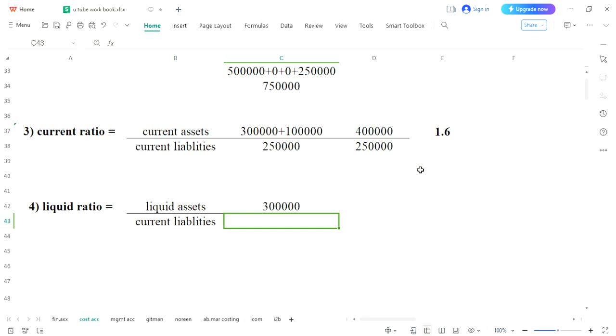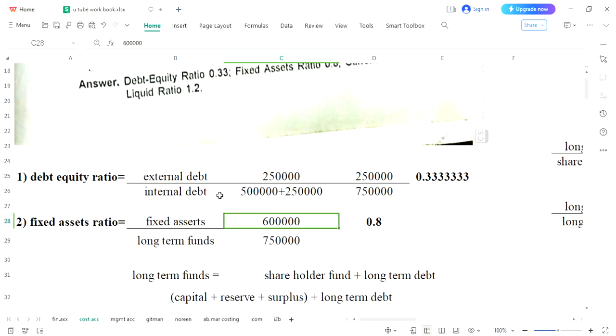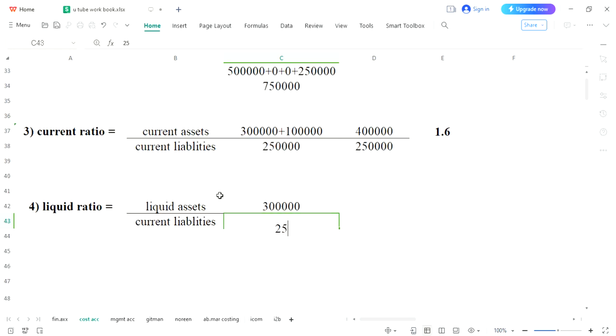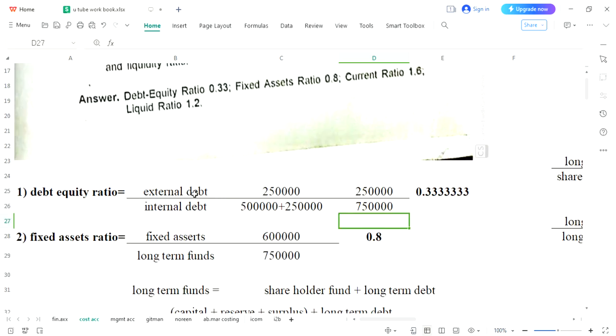Current liabilities we have already seen, 250,000. Let me show you from your question. Current liabilities 250,000. So we don't need to sum them directly. 250,000 would be written over here as current liabilities. Let's divide liquid assets 3 lakh by current liabilities 250,000. So we have got our last answer 1.2, and look at here, liquid ratio 1.2.